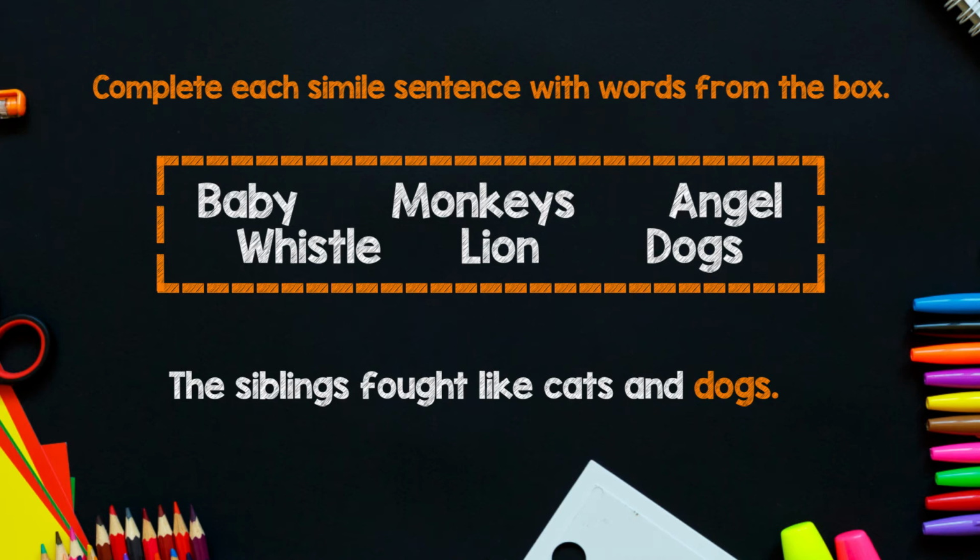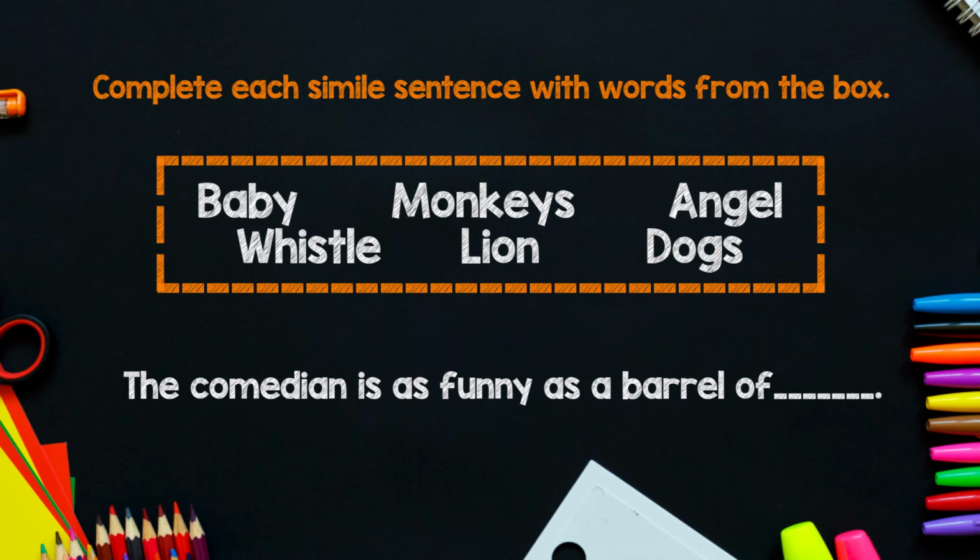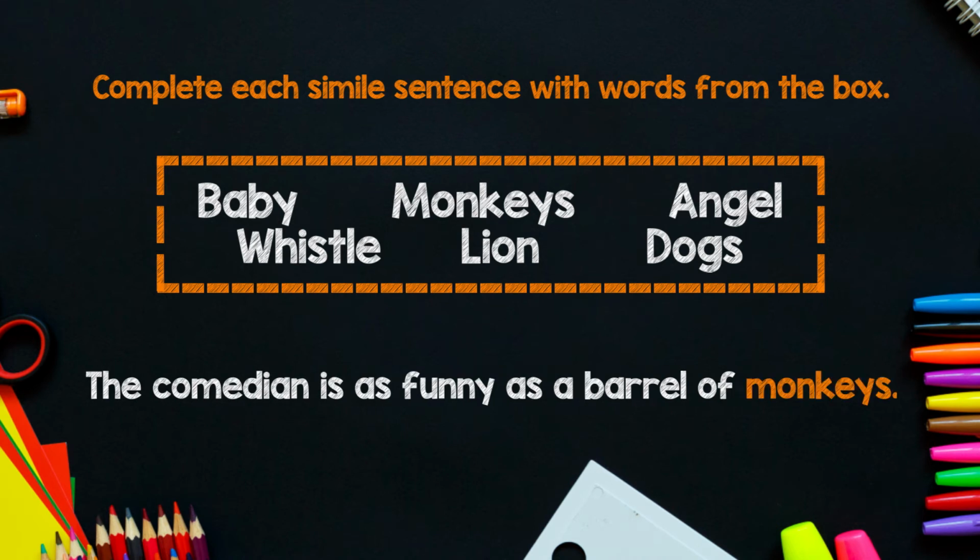Number 3, the comedian is as funny as a barrel of. Which word is most suitable? I'm sure you have monkeys. And so your sentence would read, the comedian is as funny as a barrel of monkeys.